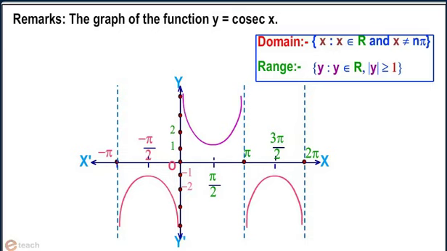That is why we have excluded it from the domain. The range of cosec x is set of all y such that y is a subset of real numbers and modulus of y is greater than or equal to 1. You can observe the graph.